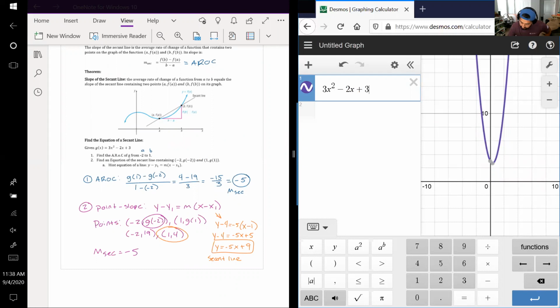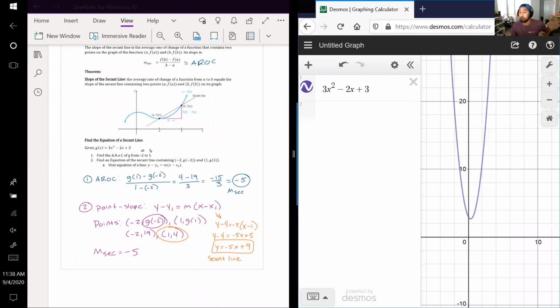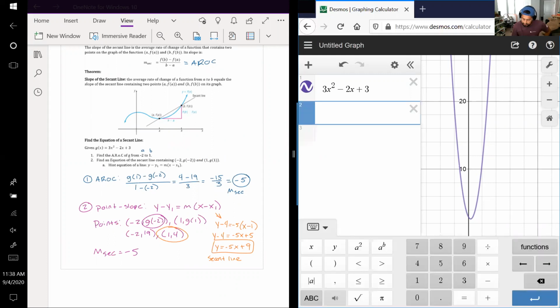Let me minimize myself there, and look at that. It graphs it for us over here. But now, I'm not worried about this graph. I want to make sure our secant line is correct. So now down below, I'll type in our secant line. Y equals -5x plus 9.